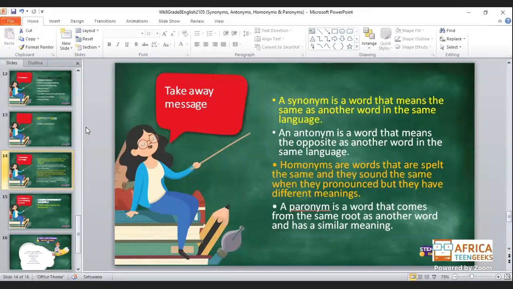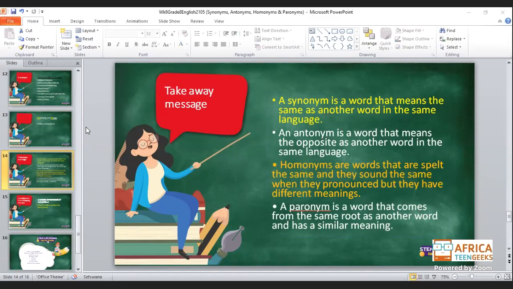So today what we did was synonyms. We said those are the words which mean the same as another word, right? Synonyms are different words, but they mean the same thing, right? We also talked about antonyms, saying that antonyms are words which mean the opposite of each other.